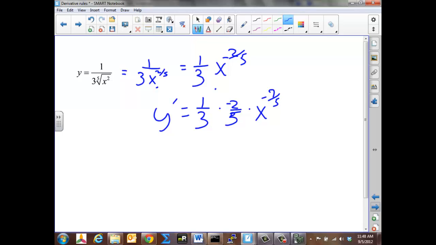That is ugly. So that becomes negative 2/15 x to the negative 7/5. But that answer is not in our multiple guess there. So what else do we need to do?